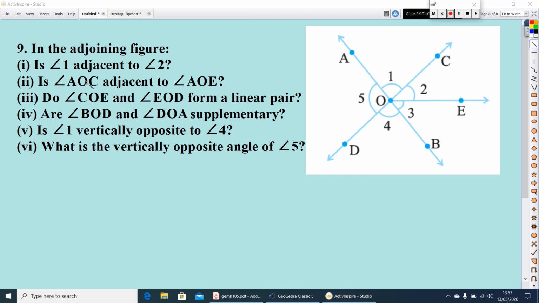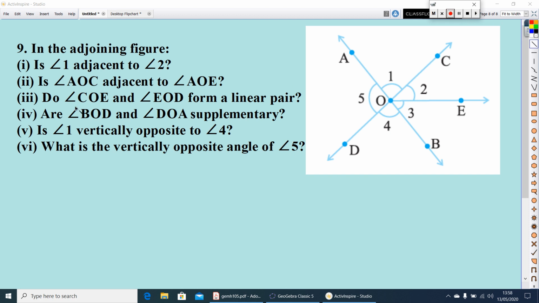Now second, is angle AOC adjacent to angle AOE? Are they adjacent? Here the non-common arms will not be on either side, so it cannot be adjacent.